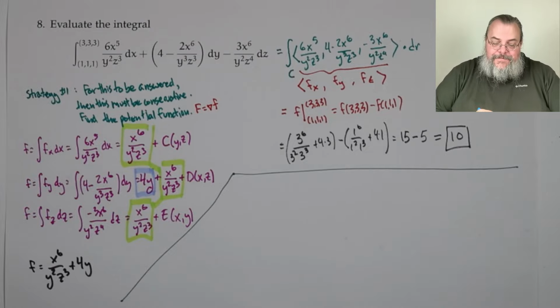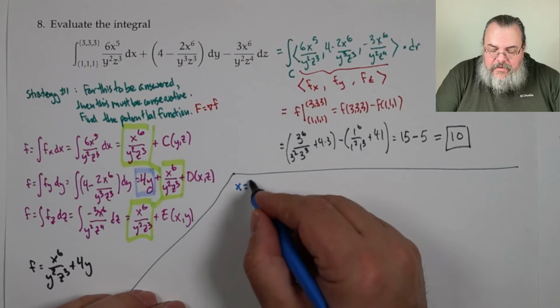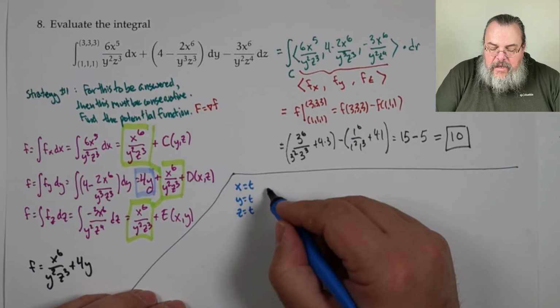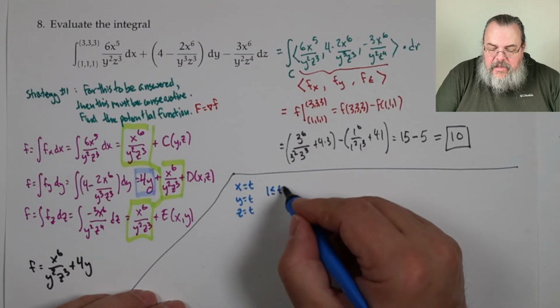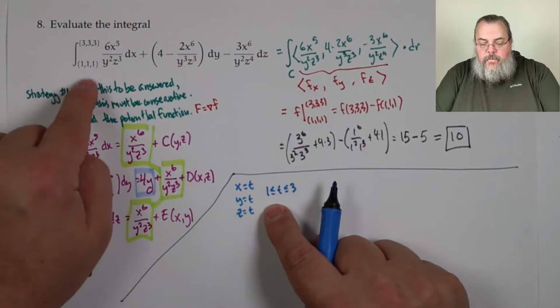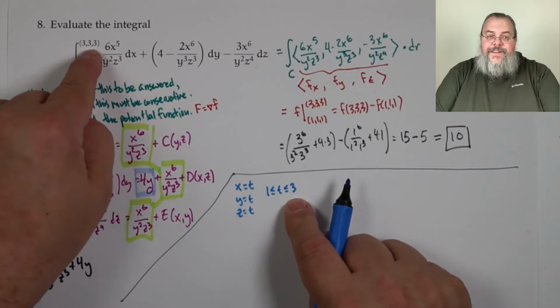So let's pick the curve. So here's a really clean curve. We're going to let x equals t, y equals t, z equals t, and we're going to let 1 less than or equal to t less than or equal to 3. Where do you start at time 1? Start at 1, 1, 1. Where do you end at time 3? You go to 3, 3, 3.